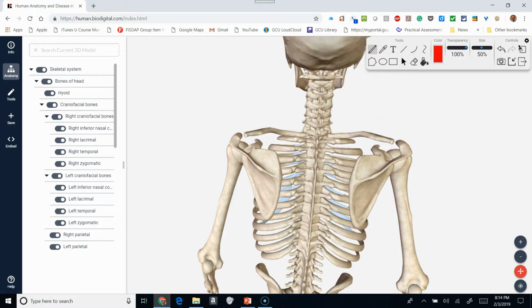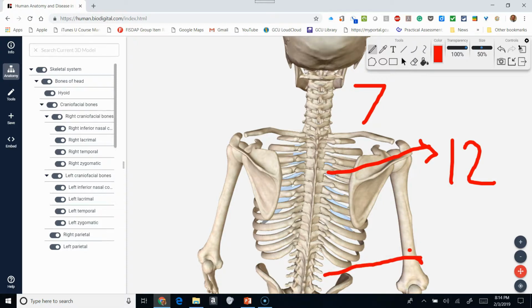Let's erase that again. 7 cervical vertebrae, and with the ribs, we're going to say that there are 12 thoracic. Okay, so right off the bat, we have 7 cervical vertebrae, 12 thoracic vertebrae, and 5 vertebrae in the lumbar spine, which is where you hear a lot of people complaining of some pain.